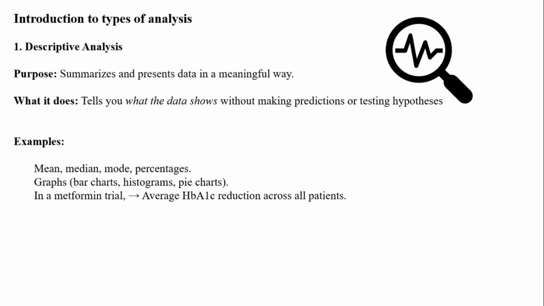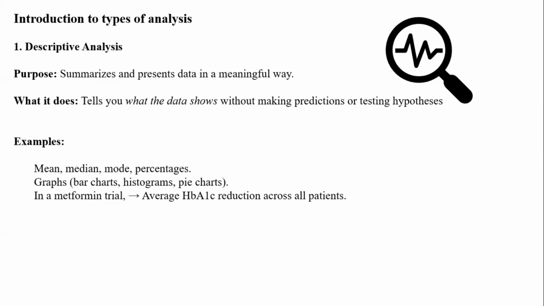So we say that descriptive analysis tells us what the data shows, how the data is, without making predictions or testing hypotheses. For example, you can tell the mean of the patients. You can tell the percentage.